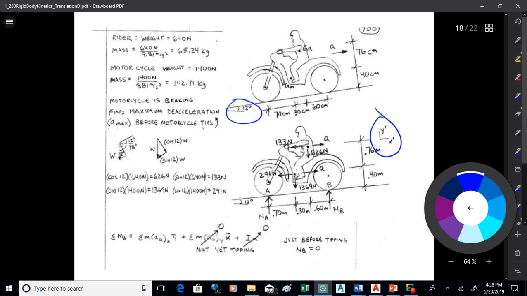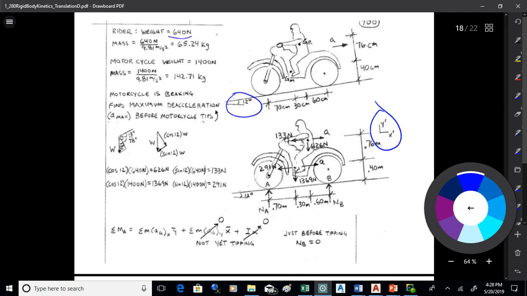Okay, so what I did, I just went through and set everything up. So we've got the weight of the rider is 640 newtons. Divide that by gravity to get the mass. Do the same thing with the motorcycle. Okay, and then what we can do here is take these weights and break them up into components that are normal and parallel to the ramp based on that 12-degree angle.